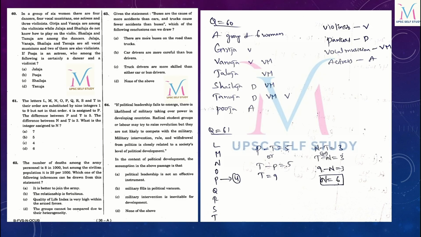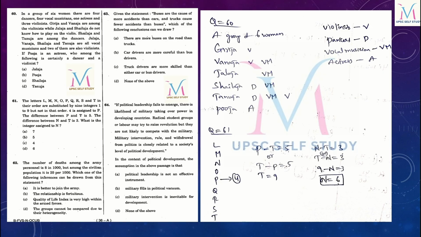Shailaja and Tanuja are among the dancers. So I have written D there for Shailaja and Tanuja, if you look into the solution box.